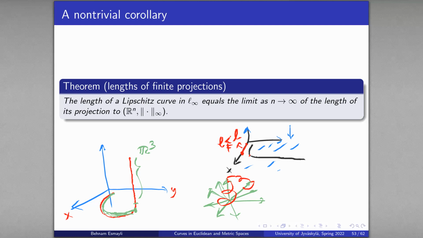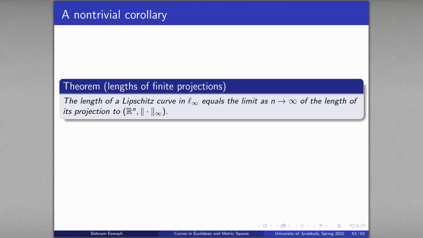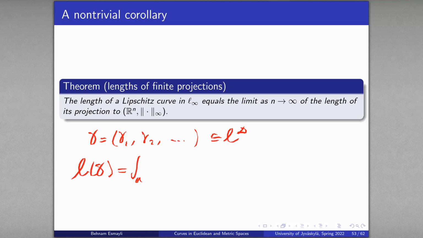How does this theorem follow from our results? Well, your curve is gamma 1, gamma 2, and so on into L infinity. We have this formula that the length of gamma is the integral from a to b of the metric derivative, but we saw that the metric derivative is the L infinity norm of (gamma 1 prime, gamma 2 prime, and so on) dt.